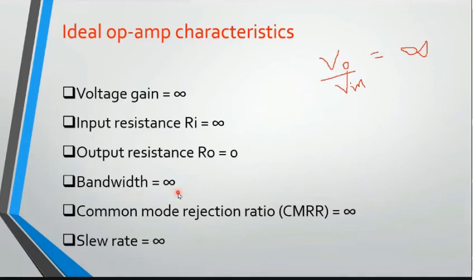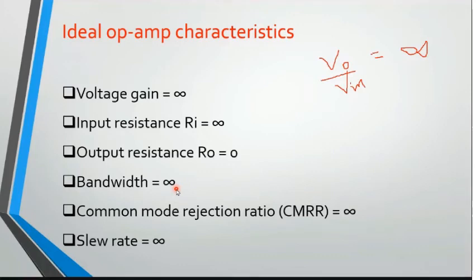And bandwidth, you have already studied last time. What is bandwidth? It is the difference between the higher cutoff frequency and lower cutoff frequency. So last time you used to find F2 minus F1 equal to something, and that particular quantity, that is bandwidth, should be infinity.